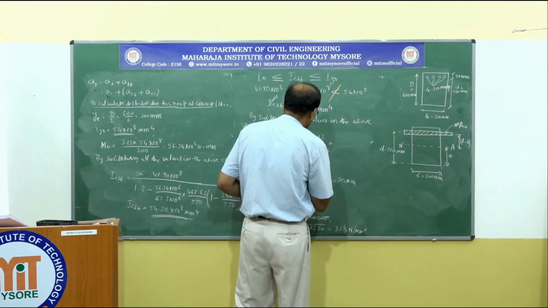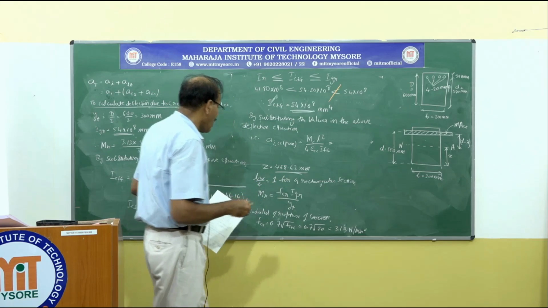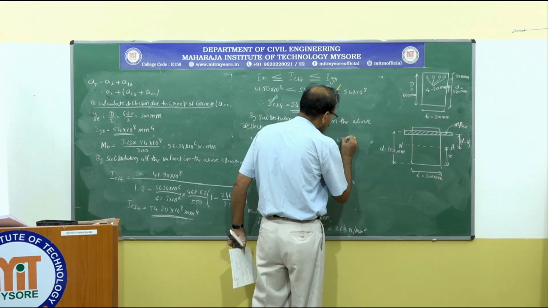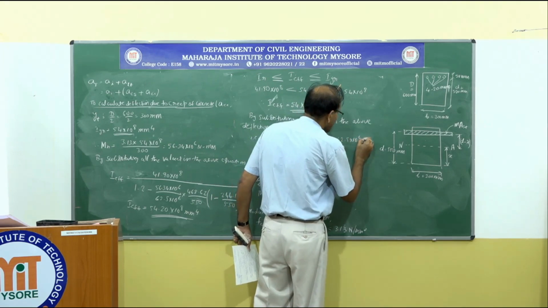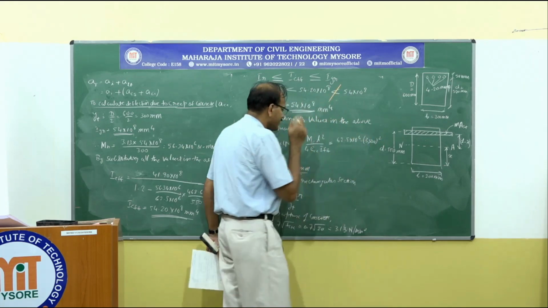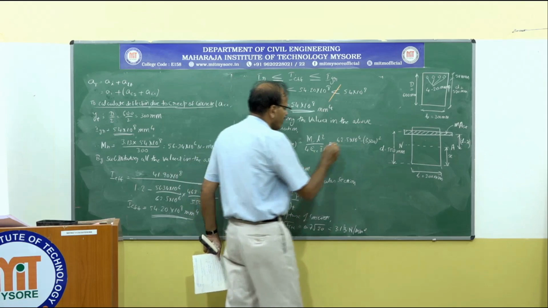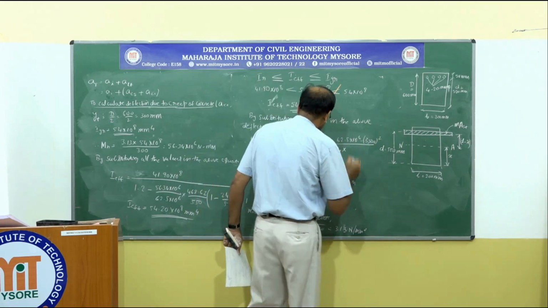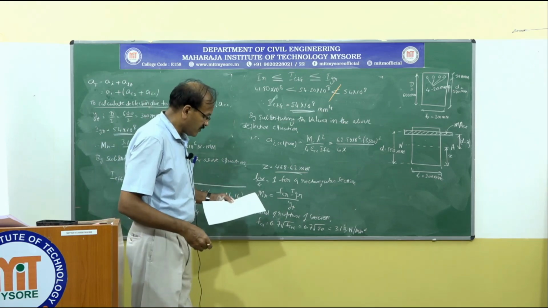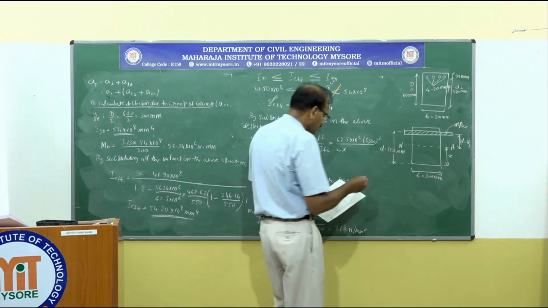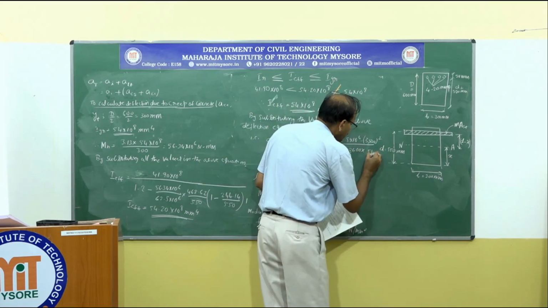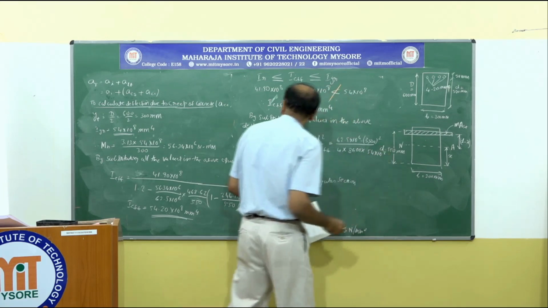By substituting, Mc is half the value of the moment, called M, that is 62.5 into 10 to the power of 6, into 3500 square. I am going to call this M itself. Divided by 4 into the effective Young's modulus Ece value, that is 8600, into 54 into 10 to the power of 8.